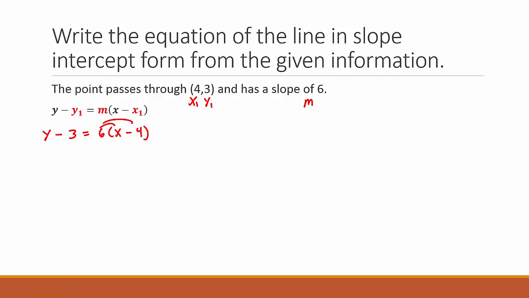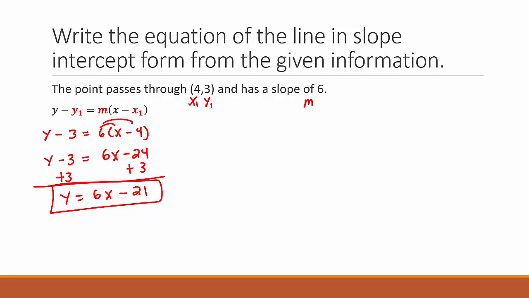So 6 times x and 6 times negative 4. 6 times x is 6x. 6 times negative 4 is negative 24. And then add 3 to both sides. So y equals 6x minus 21. And there's our equation in slope-intercept form that goes through the point 4, 3 and has a slope of 6.